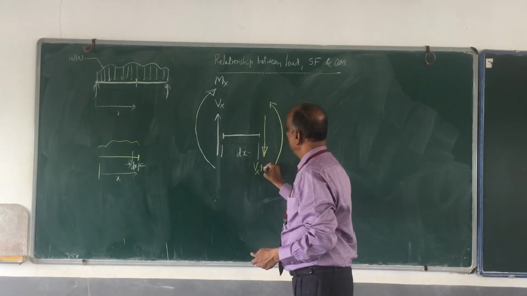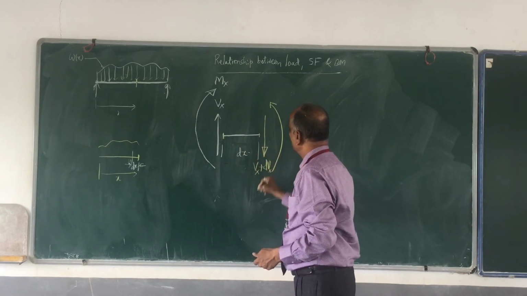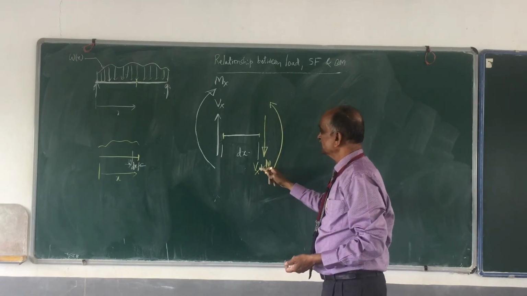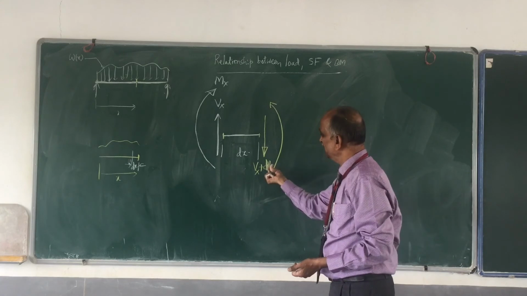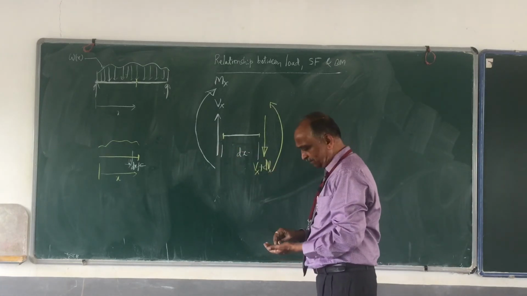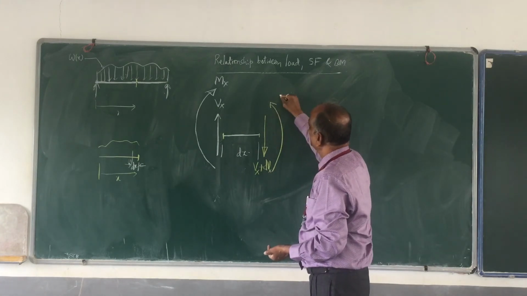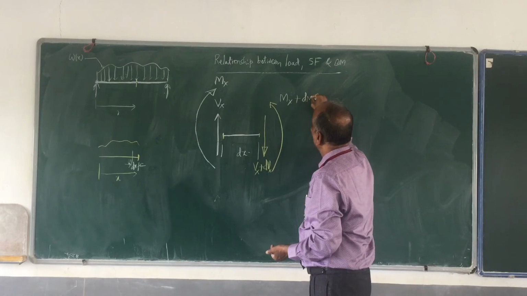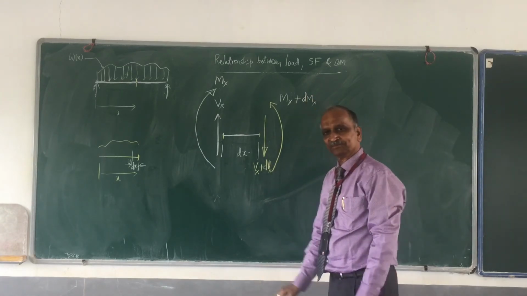I shall call it Vx plus dVx. The shear force here is Vx plus dVx, where dVx is a small increment with respect to this. Similarly, the bending moment is not just Mx, it is a little more than that, Mx plus dMx.